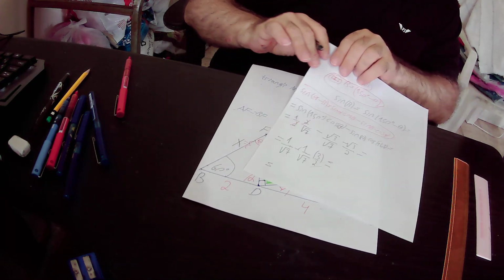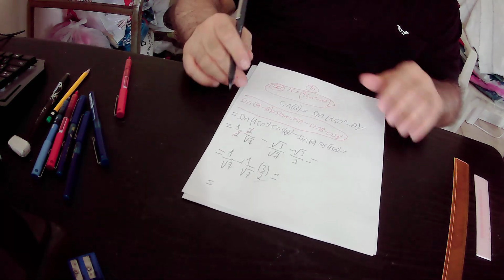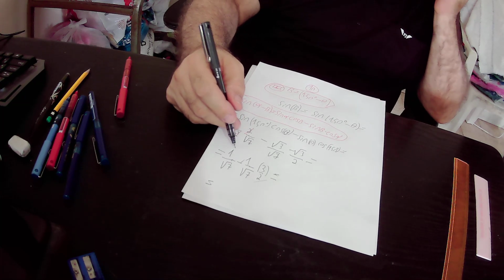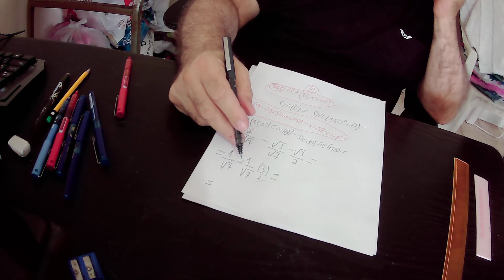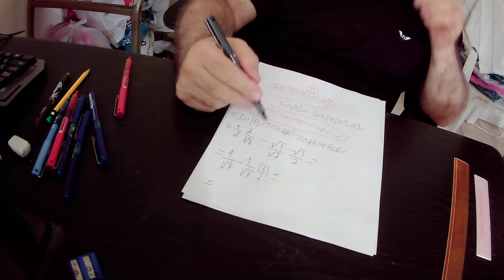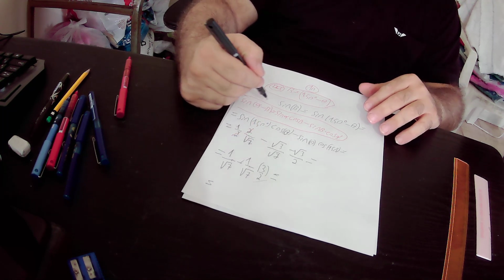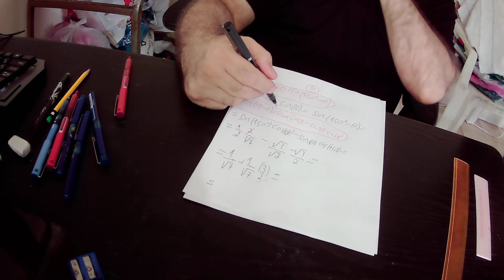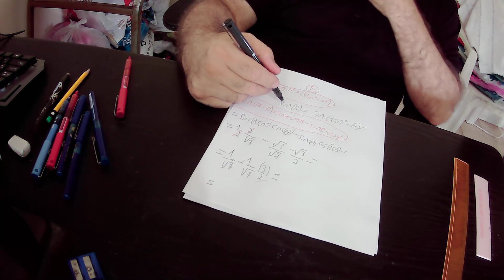So in total we got that 1 over root 7 plus 1 over root 7 times 3 over 2 all equals sinus beta, because we started the equality from sinus beta.